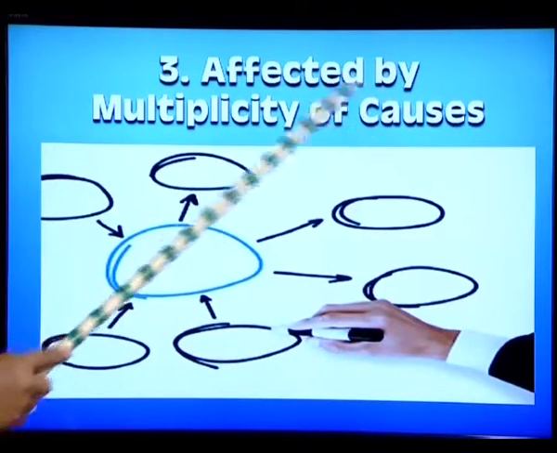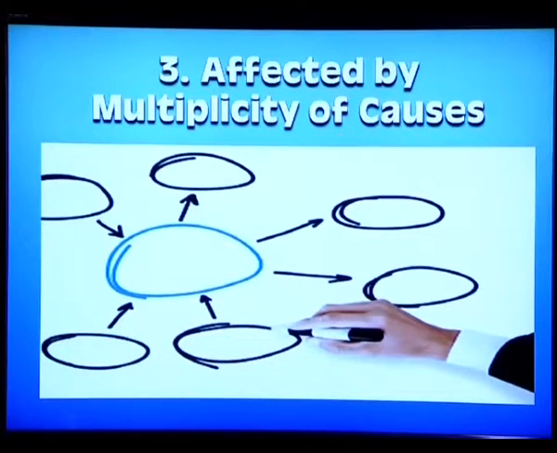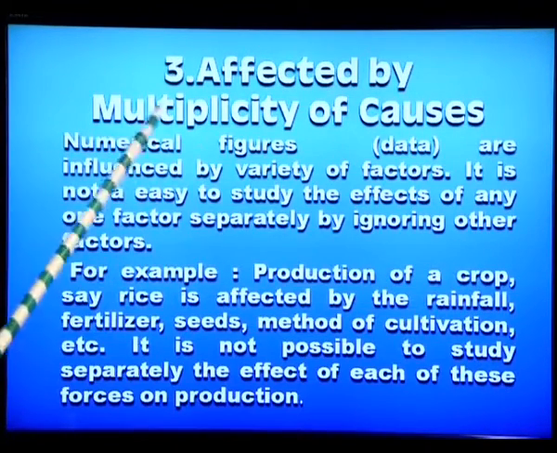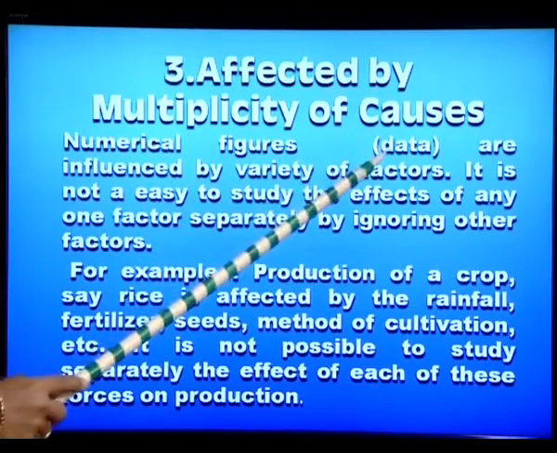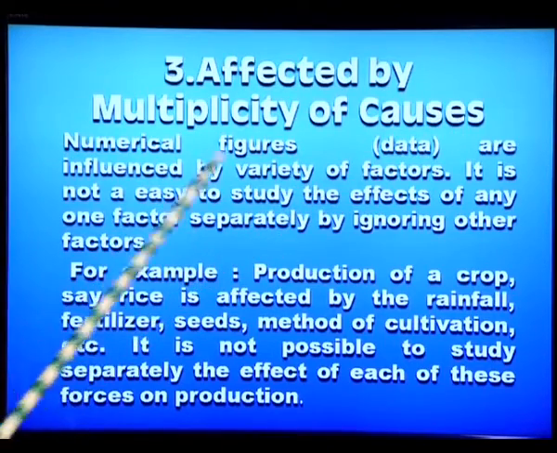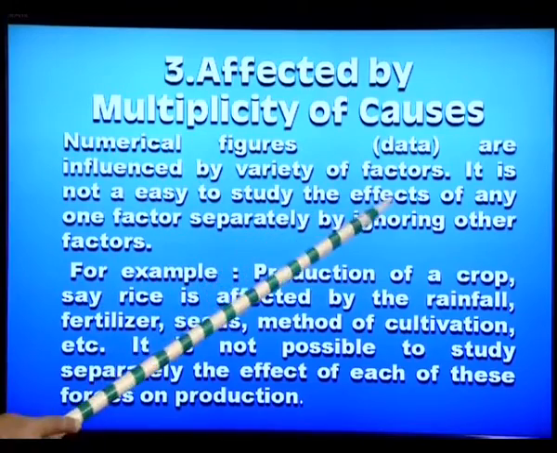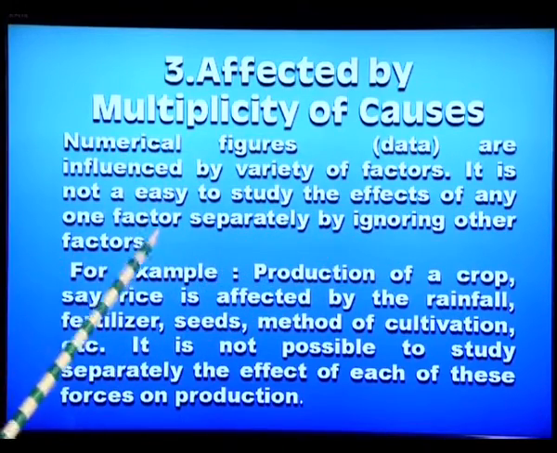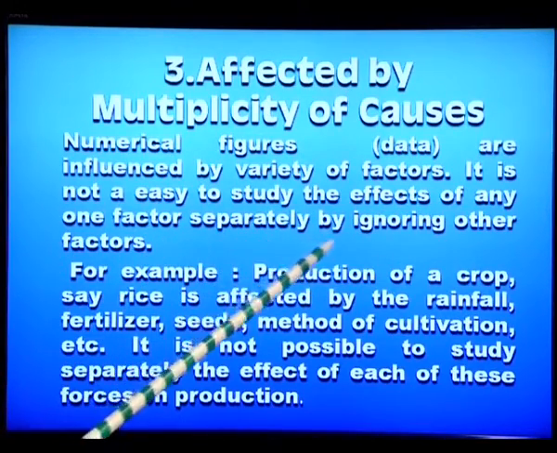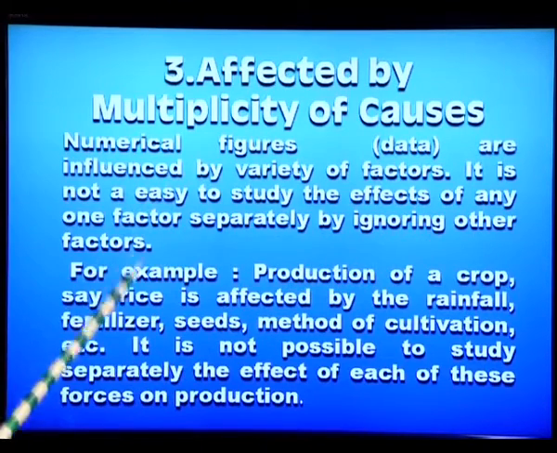Statistics are affected by a multiplicity of causes. That is, numerical figures or data are influenced by a variety of factors. It is not easy to study the effects of any one factor separately by ignoring other factors.